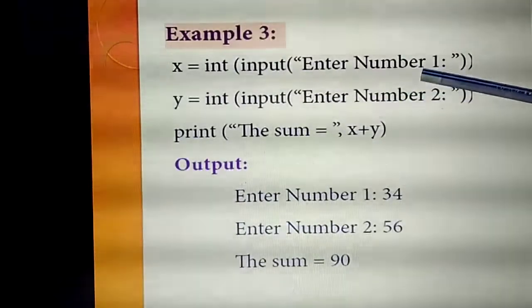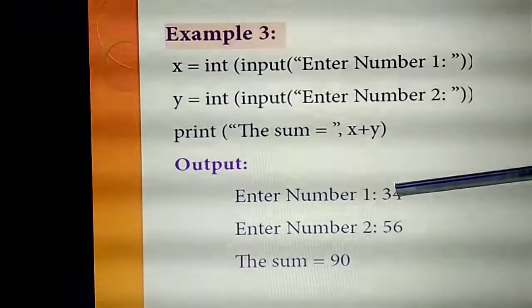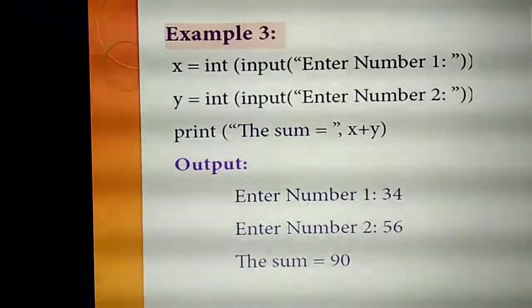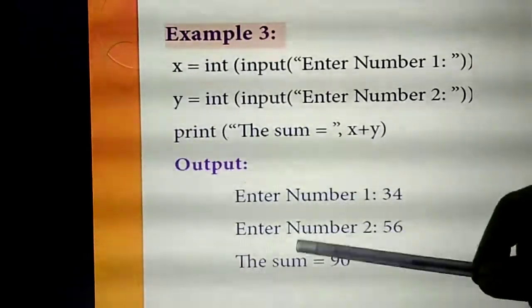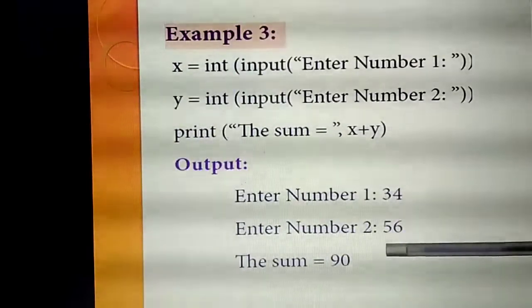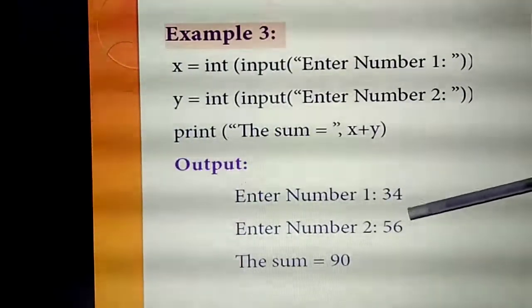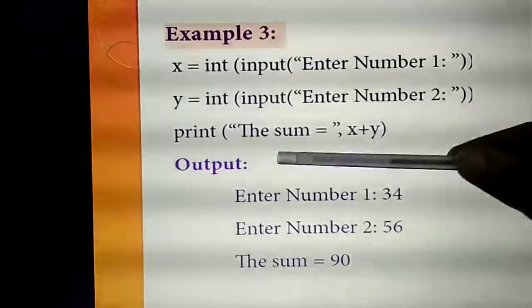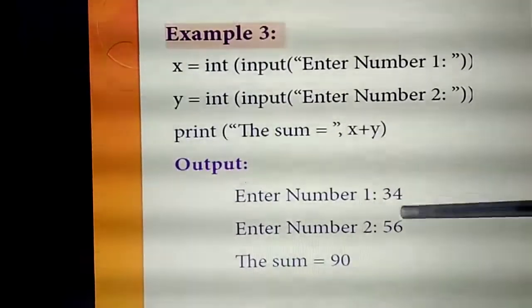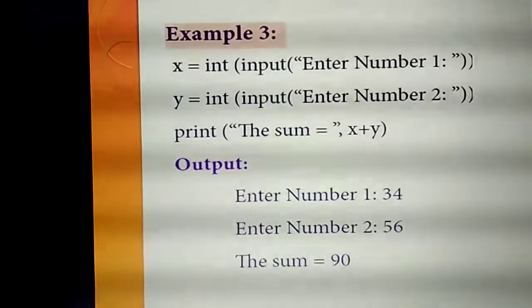Enter the number 1: I am entering the first number as 34. Enter number 2: I am entering the second number as 56. In the third line it will display the sum. So what's the sum? 56 plus 34, the answer will be 90.